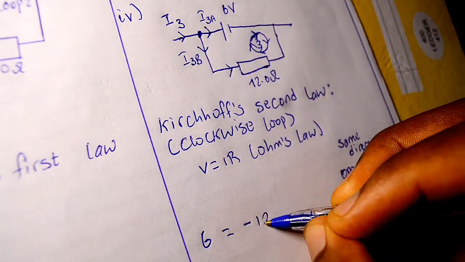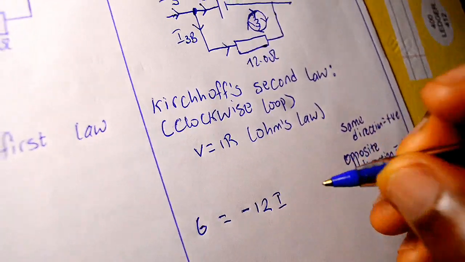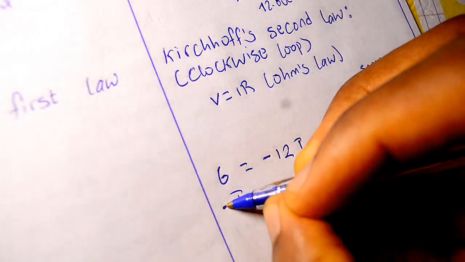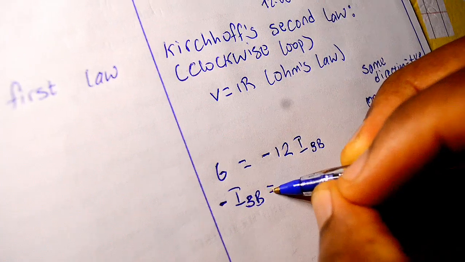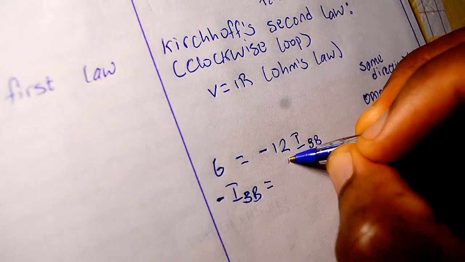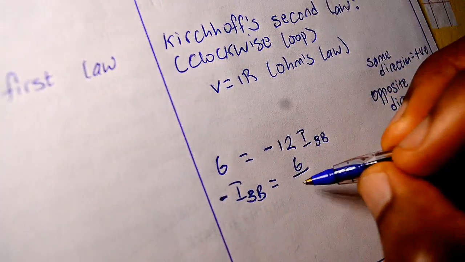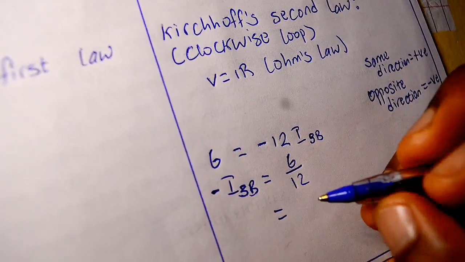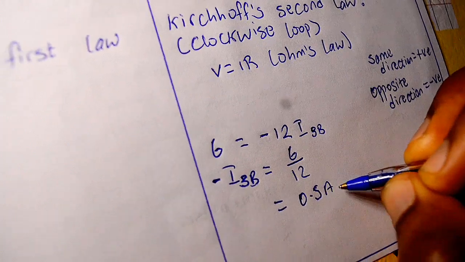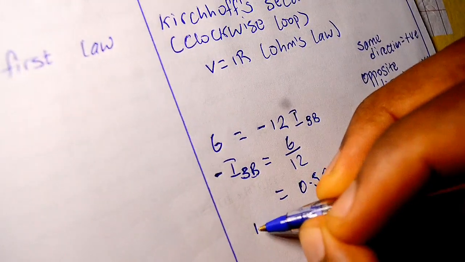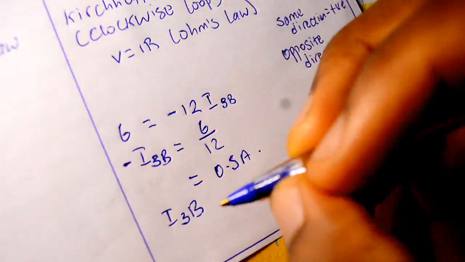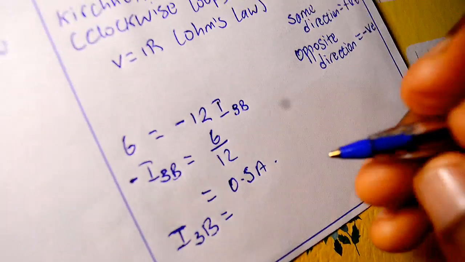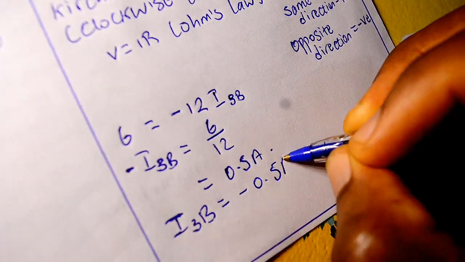Negative 12 I3b. So negative I3b will be equal to 6 divided by 12, which gives 0.5 ampere, and I3b will then be equal to negative 0.5 ampere.